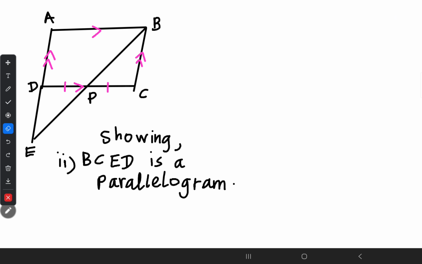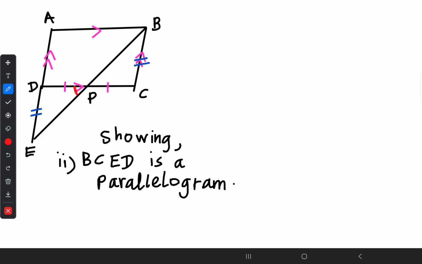Okay, next thing we have to show from the existing details: we have shown these two triangles are congruent with each other. So the remaining corresponding elements are also equal. Accordingly, we can say this side equals this side. How am I deriving this? Because in congruent triangles, remaining corresponding elements are also equal. So I will use colors.